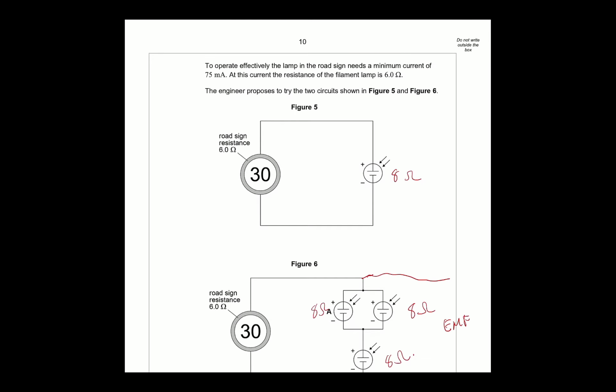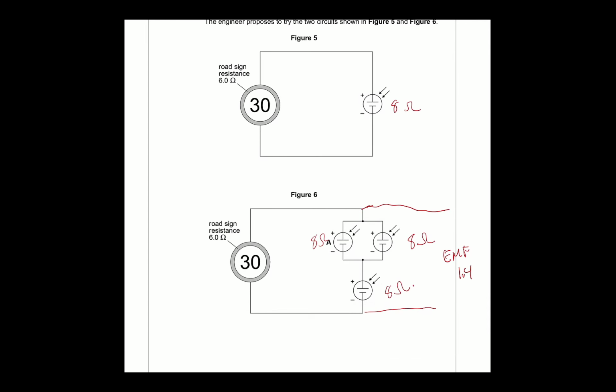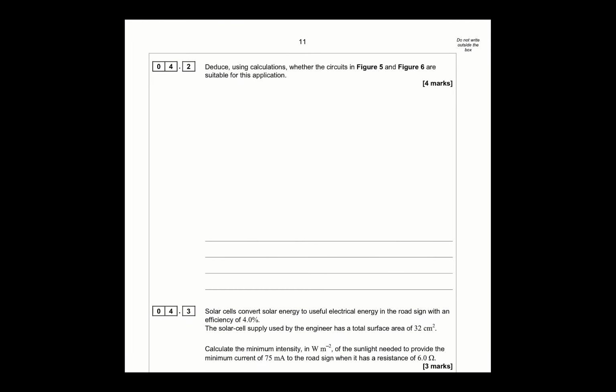So EMF here is 1.4 volts and the EMF here is 0.7 volts. So our current is going to be equal to the voltage divided by resistance plus the internal resistance.